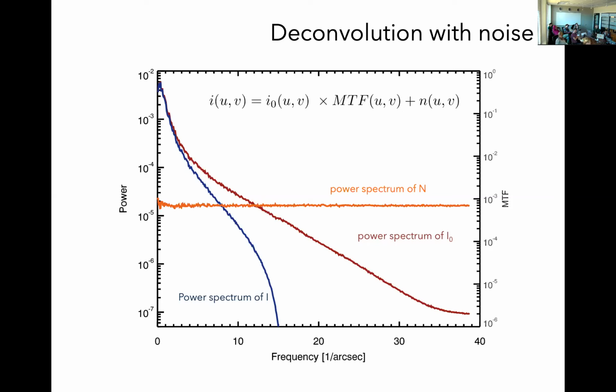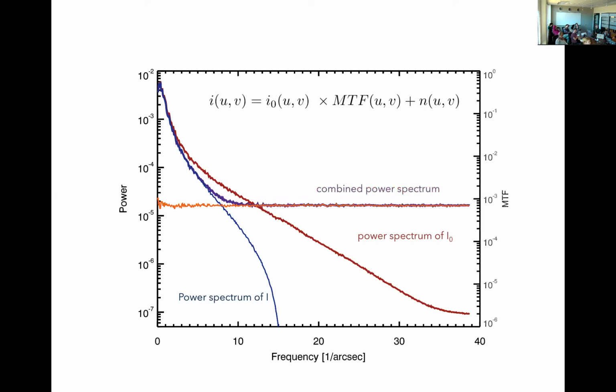And so when I combine these two, I now get this combined power spectrum where the power spectrum flattens out and becomes dominated by the noise contribution at high frequencies. So instead of having just my original object multiplied by the MTF, I now have this noise contribution that's added on there.